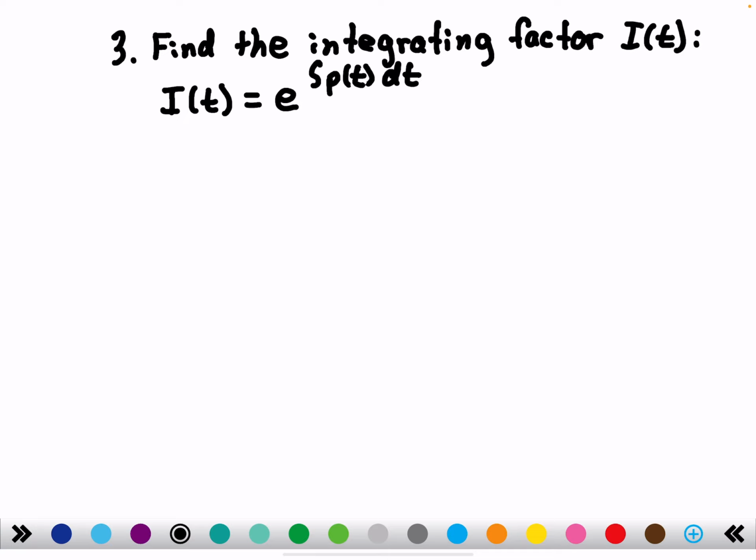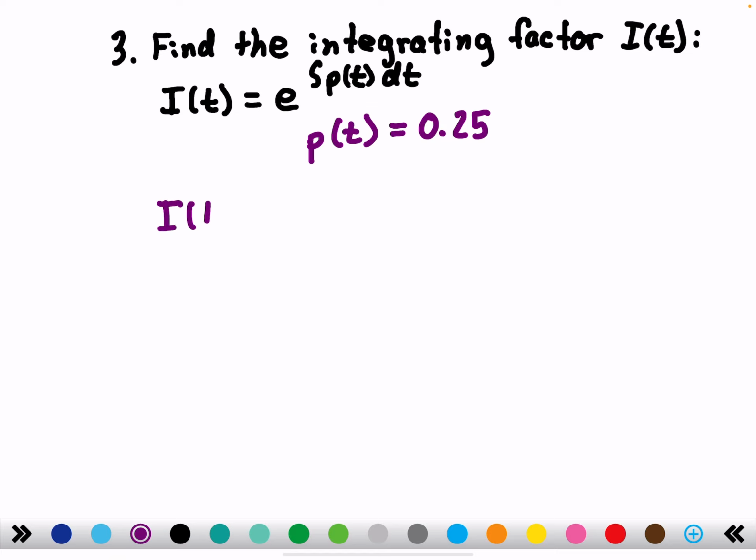Number 3, find the integrating factor I sub t. I sub t is equal to e to the power of the integral of p sub t dt. Now recall, in the previous step, we determined that p sub t is equal to 0.25.